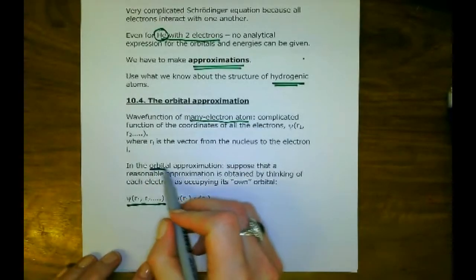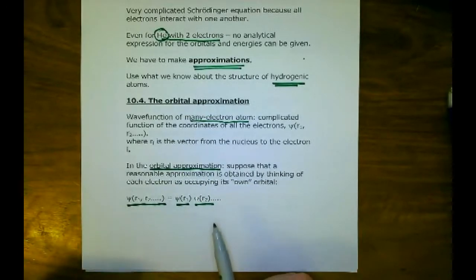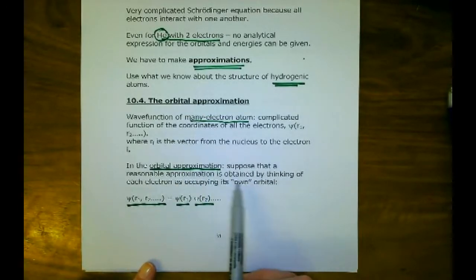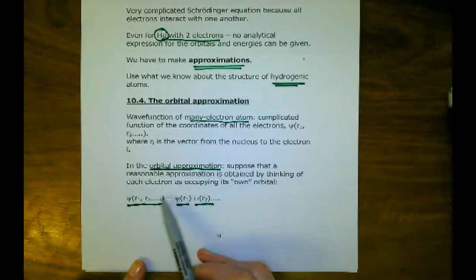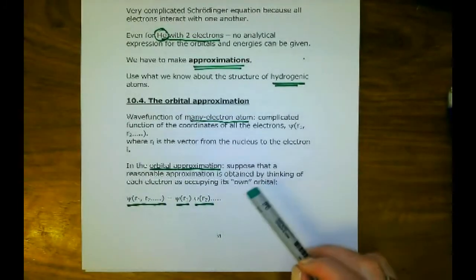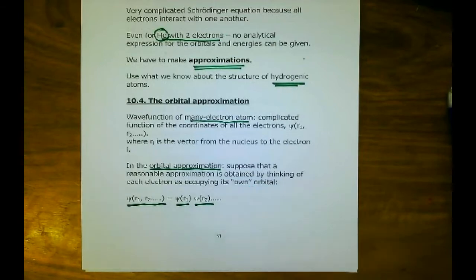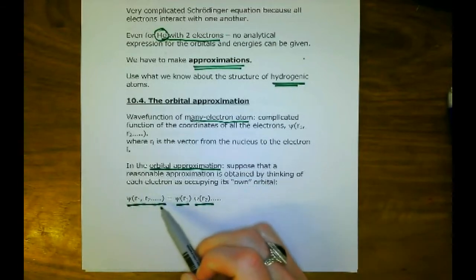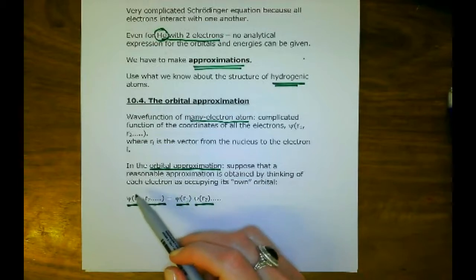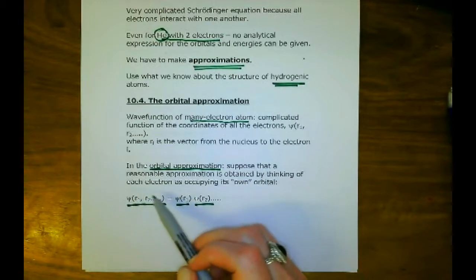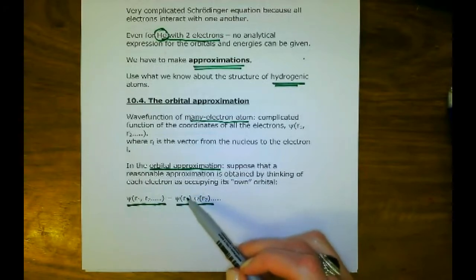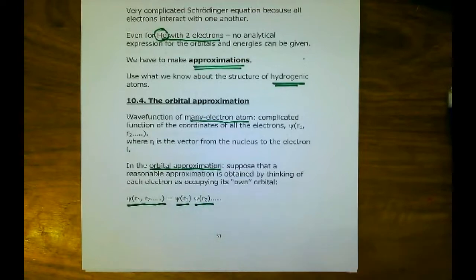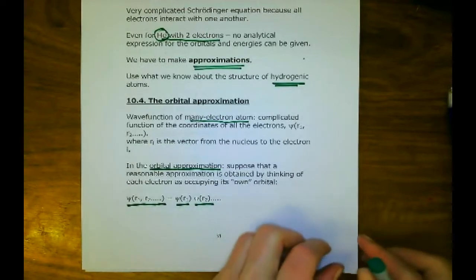So in the orbital approximation, that is what this approximation is called, suppose that a reasonable approximation is obtained by thinking of each electron as occupying its own orbital. So in the orbital approximation, this overall wave function that contains the coordinates of all the electrons is approximated by putting each electron in its own wave function, which looks the same as the hydrogenic wave functions.